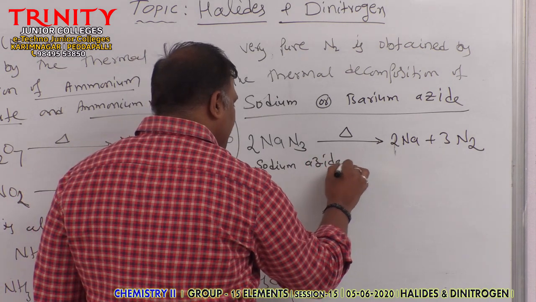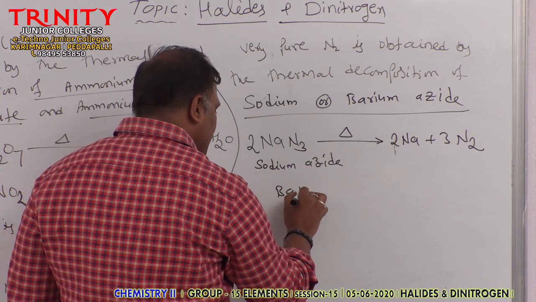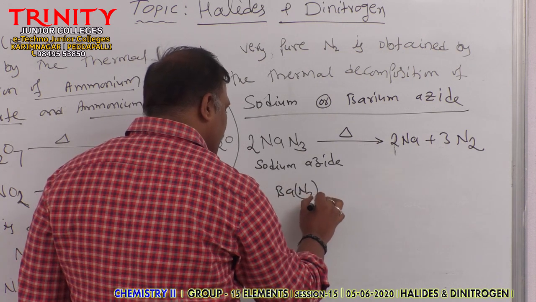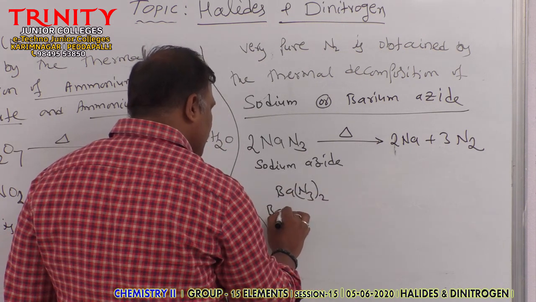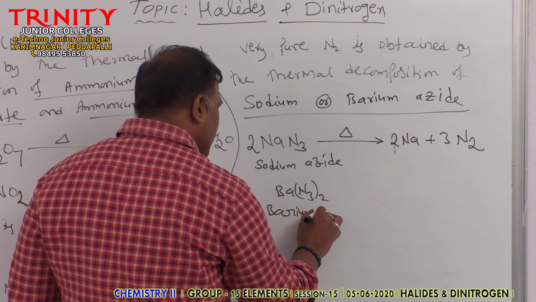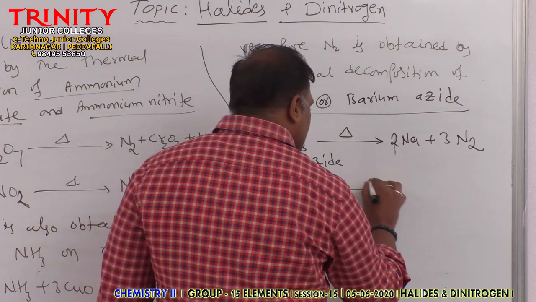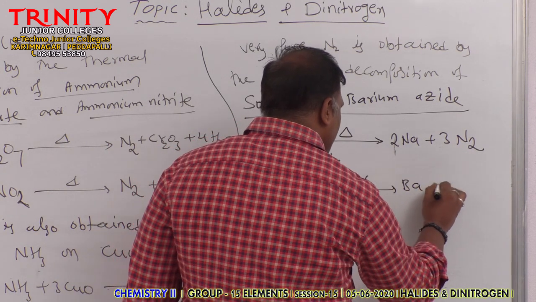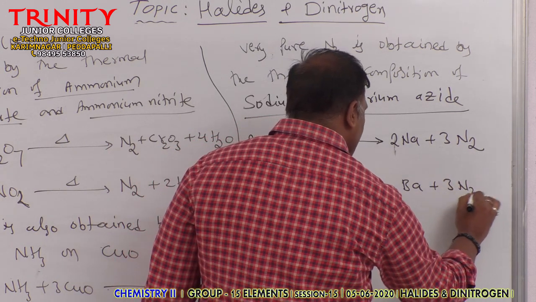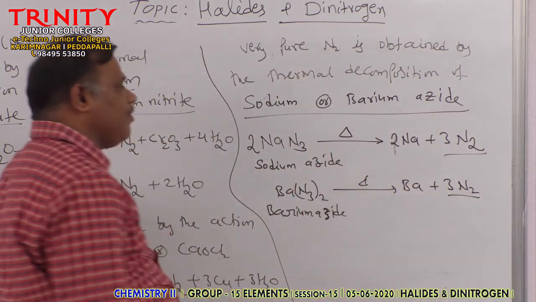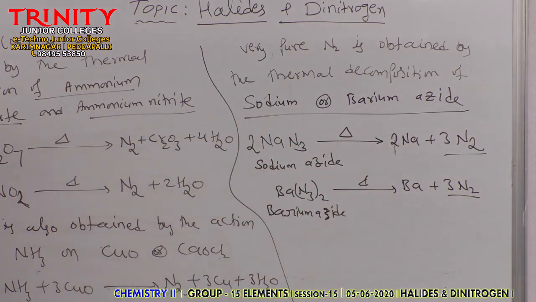And barium azide, Ba(N3)2. Either sodium azide or barium azide on strong heating gives Ba plus 3N2; very pure nitrogen is obtained.